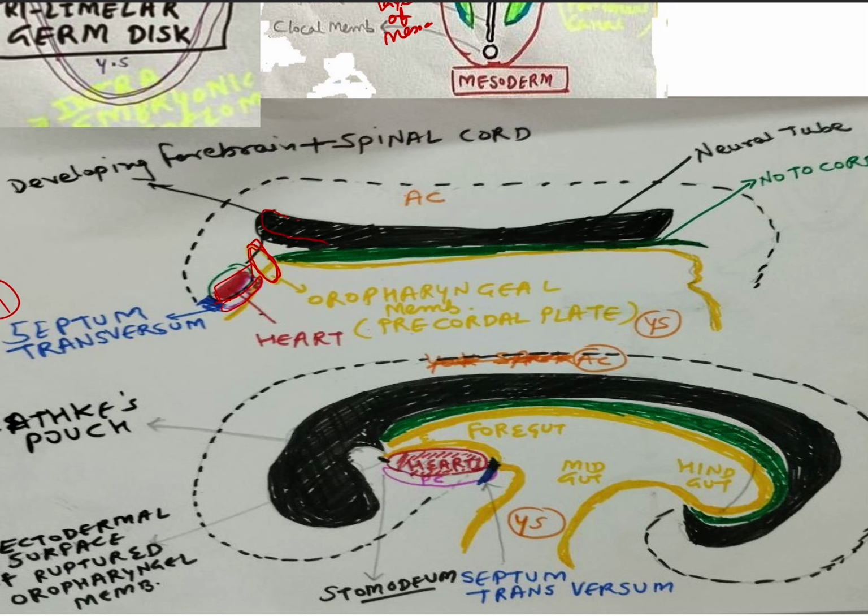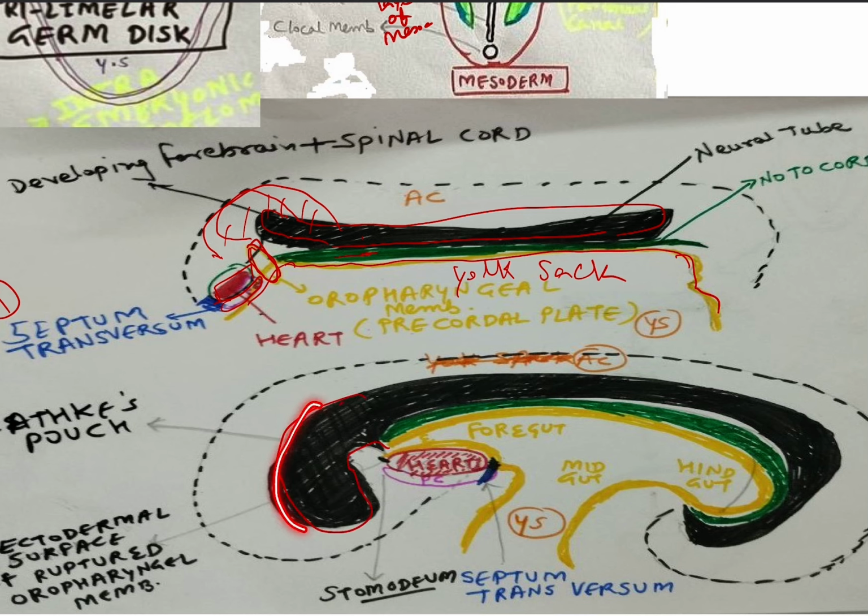This is the ectoderm part, which will form the future brain and spinal cord. Below it is the notochord, and this is the lowermost part, which is endoderm, and below it is the yolk sac. Now what happens? The brain enlarges comparatively more than the rest of the body, like this. Because of more brain development, it starts bending upon itself.